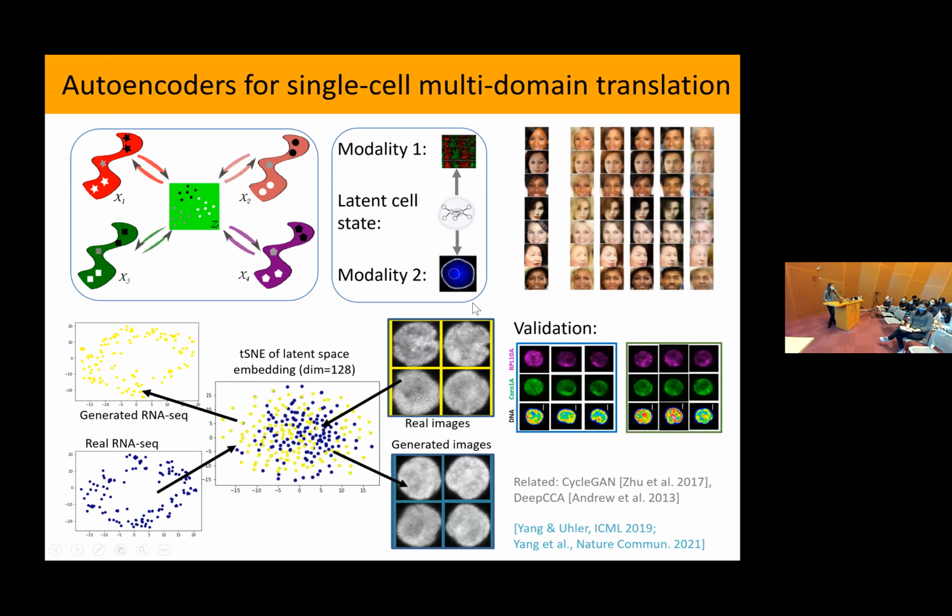On the other side, we have these DAPI stained images. We have a whole lot of cells; we take some for imaging and some for sequencing, and now we want to find an integrated representation. In particular, we would like to go from imaging data directly to expression, because it's much cheaper to get imaging data than expression data on each of these cells.